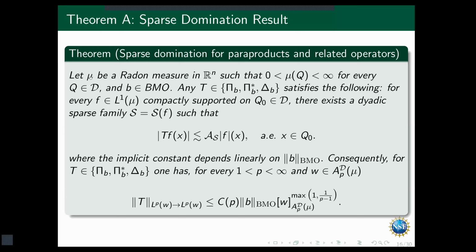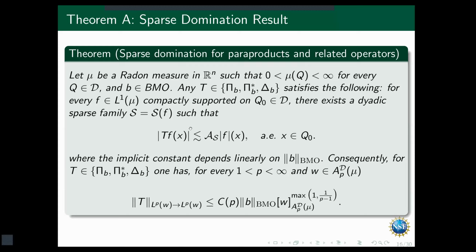It's a very general setting. It's just a Radon measure mu satisfying this condition. And we get the classical sparse domination with only the assumption that B is in martingale BMO. And so that's strictly weaker than what Lacey assumed.